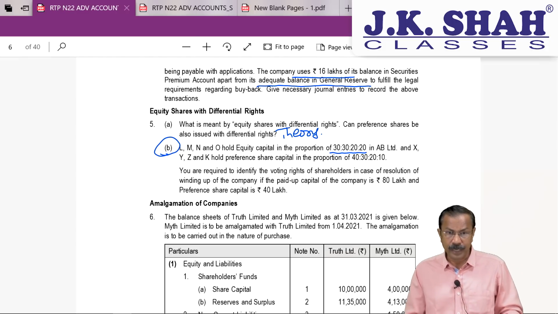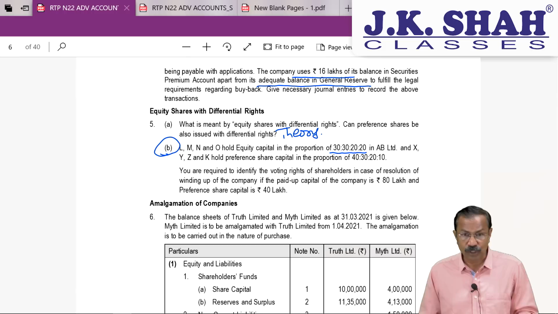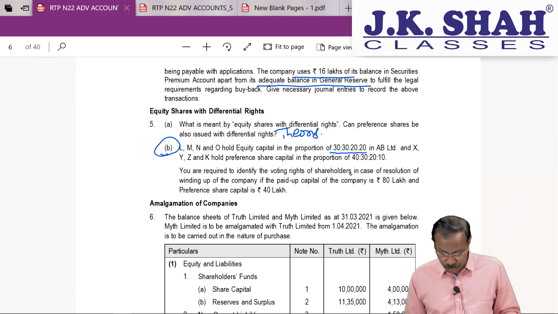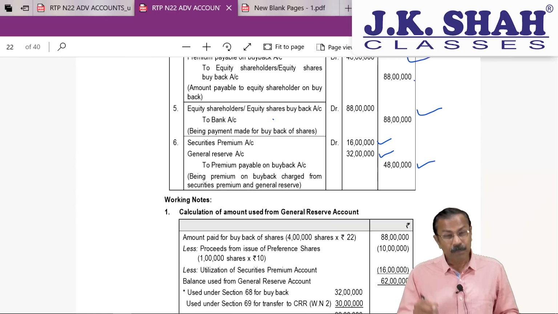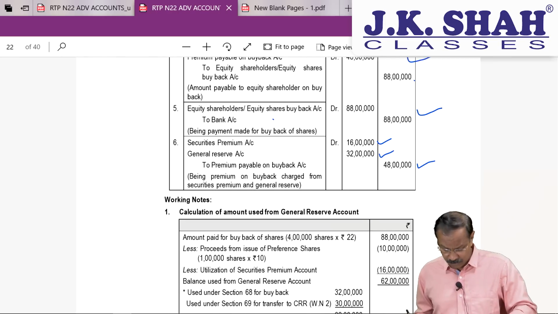You are required to identify the voting rights of the shareholders in case of resolution of winding of the company if the paid up capital is 80 lakhs and preference share capital is 40 lakhs, remember. Proportionate you have to find out.